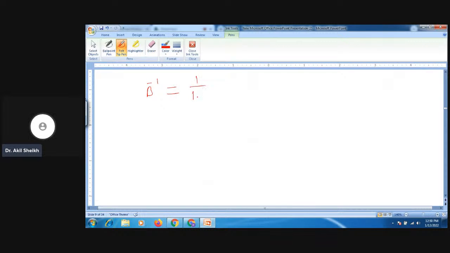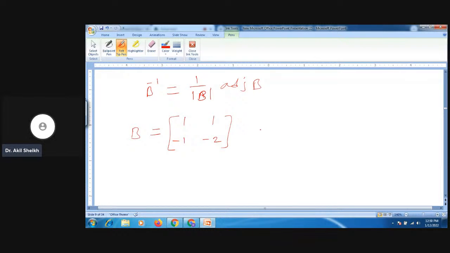B inverse is nothing but 1 upon determinant of B into adjoint of B. What is B? The B matrix is given, that is 1 1 minus 1 minus 2.